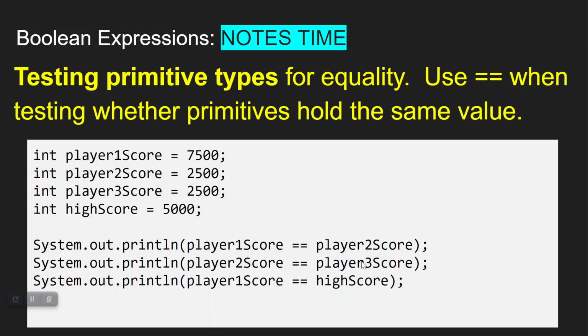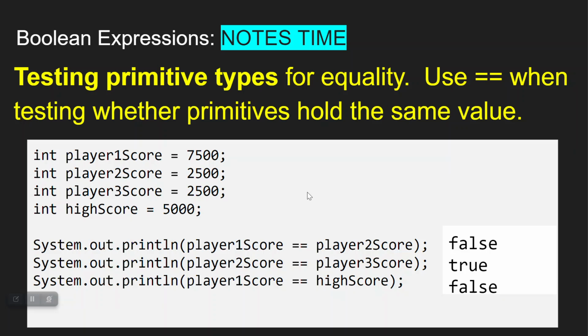Obviously, it is not, so we would expect that to be false. And then if we did player 2 score equals player 3 score, that's testing whether or not these two values are the same, which obviously they are, so that's going to evaluate to true. And then player 1 score is not the same as the high score, so this would print false, true, false.